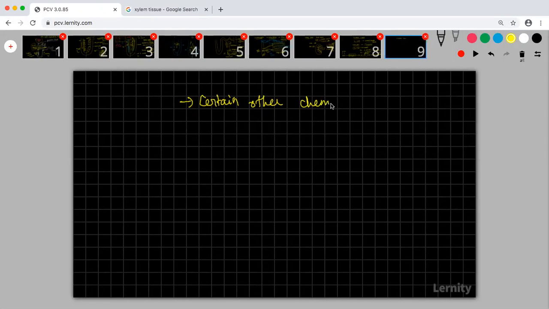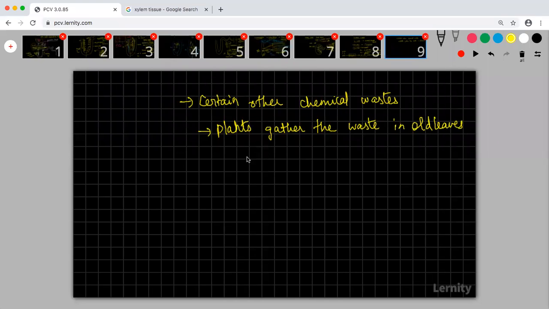Chemical waste. What plants will do is gather the waste in old leaves, and they fall down.